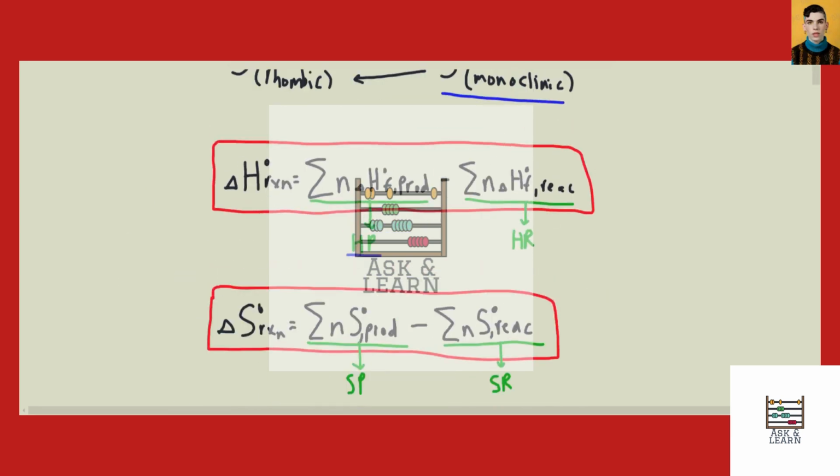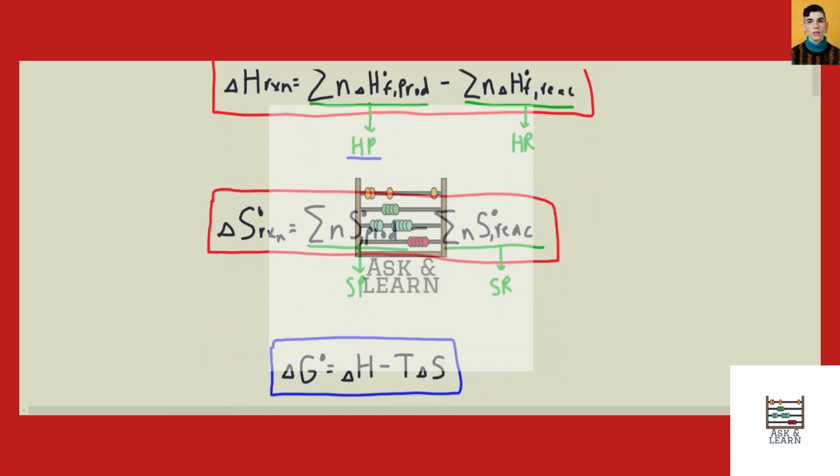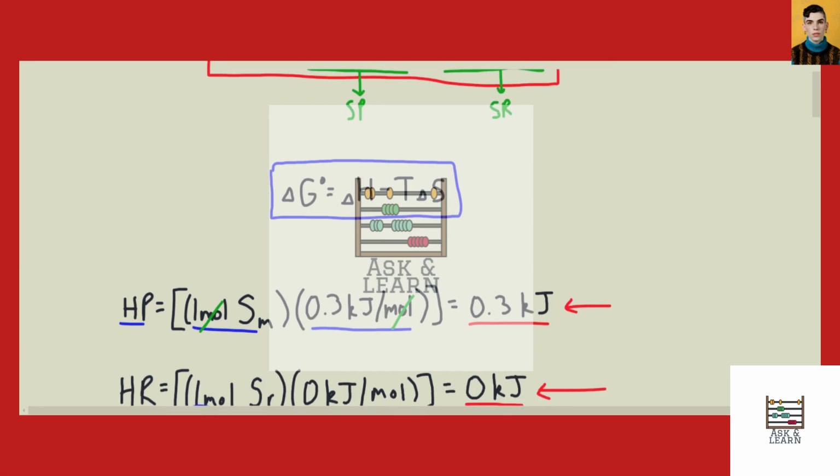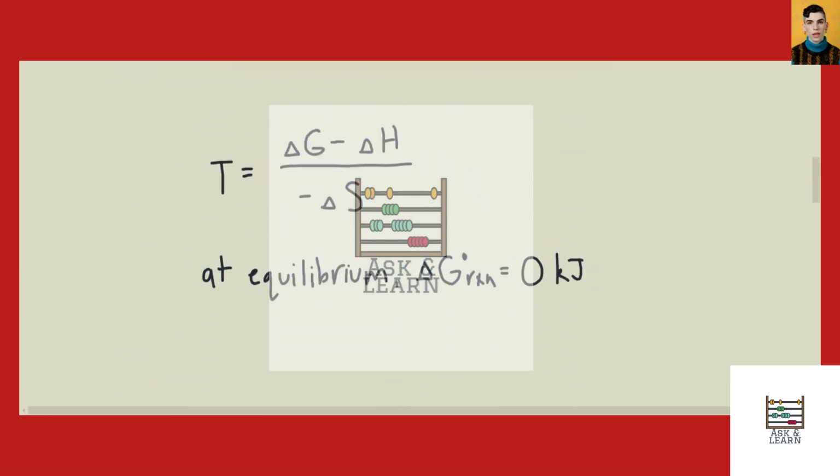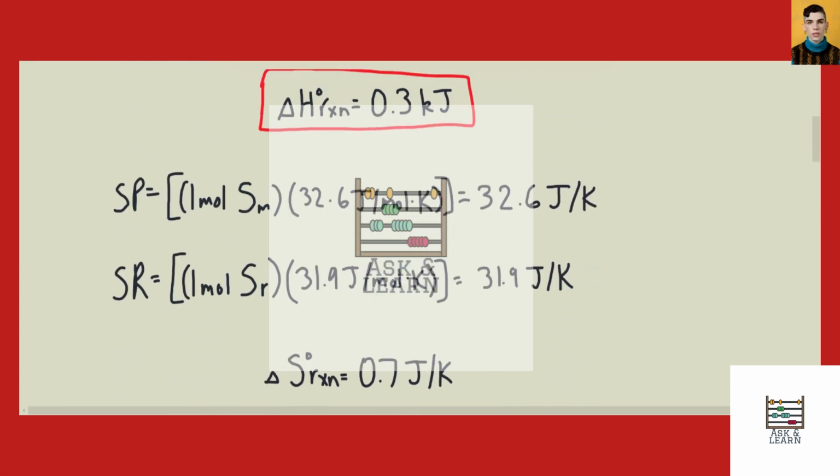And now we use this equation in the middle to solve for delta S reaction. Again, we have 1 mole of both reactant and product, and we look up the standard molar entropy of each one of these substances in the appendix, which has units of joules per mole Kelvin.